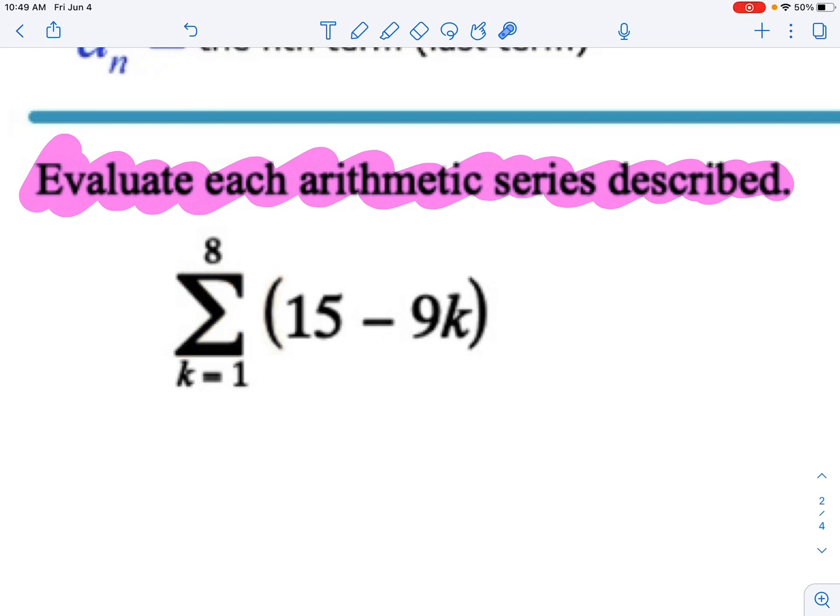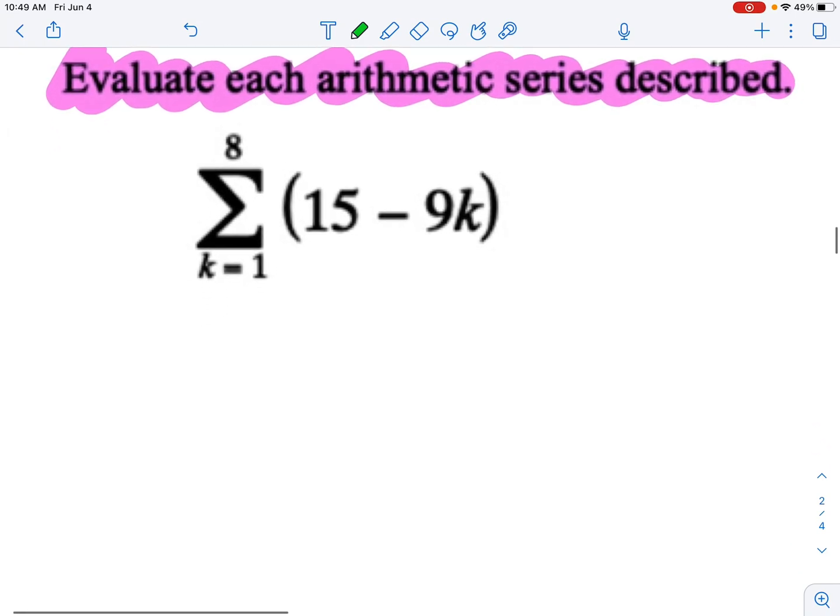So this says sigma of 15 minus 9k. Here it says k is equal to 1 on the bottom, and on the top you see an 8. That means we're going to add 8 terms, starting with 1 all the way to 8. We're going to take those numbers and plug them into here.